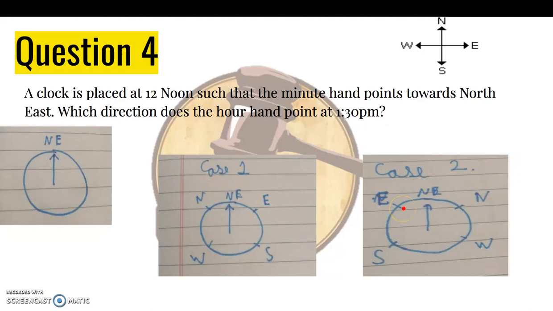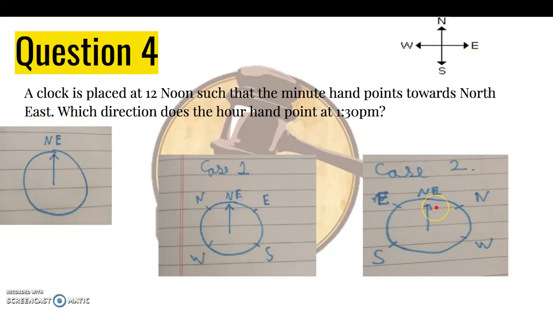So we know that only one of these will be the correct interpretation. How do you eliminate the incorrect one? For that, look at the reference diagram again. You will notice that if we go to the right of the north direction, we reach the east direction.